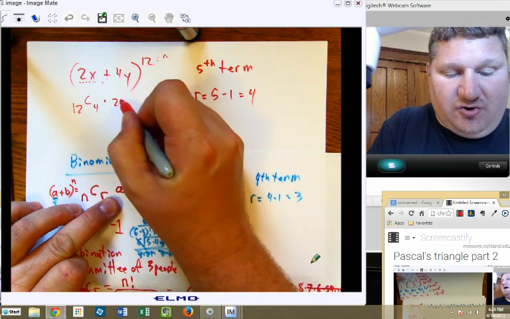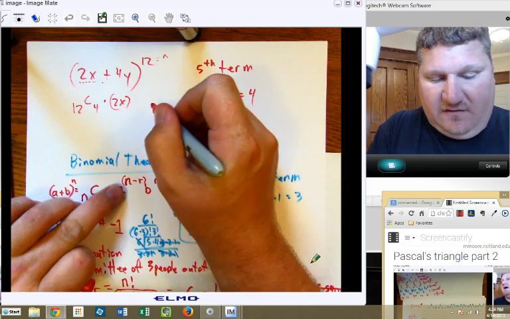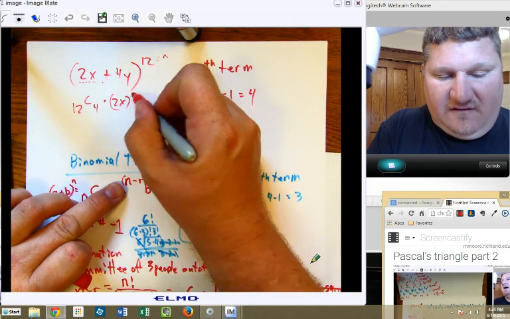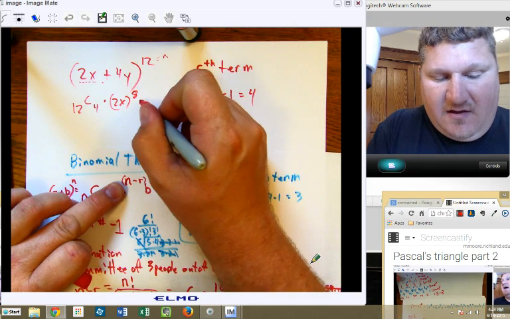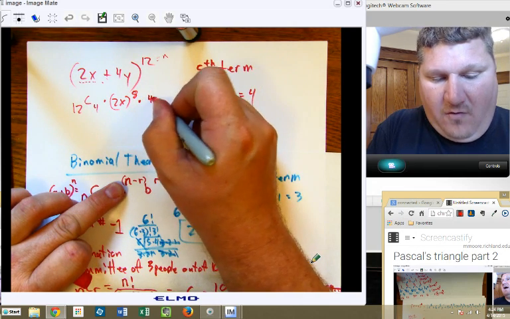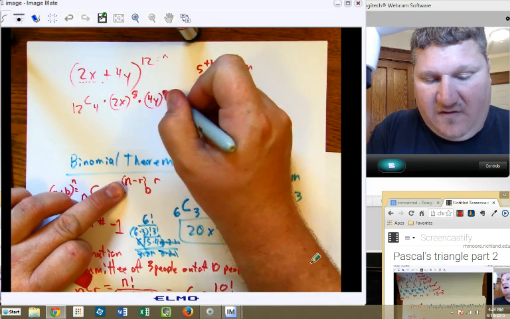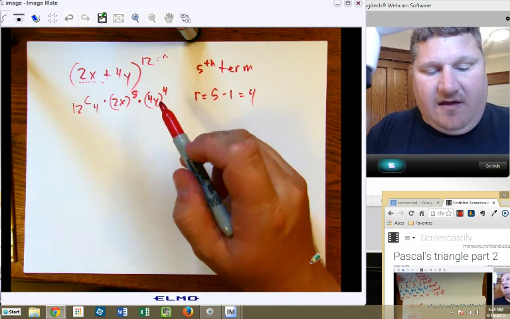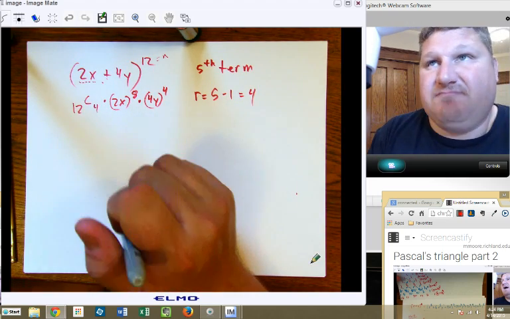It's 2x raised to the n minus r. Well, 12 minus 4 is the 8th power, times 4y, the quantity, raised to the 4th. Again, those two still equal 12. And so now I just need to figure this bit of it out.